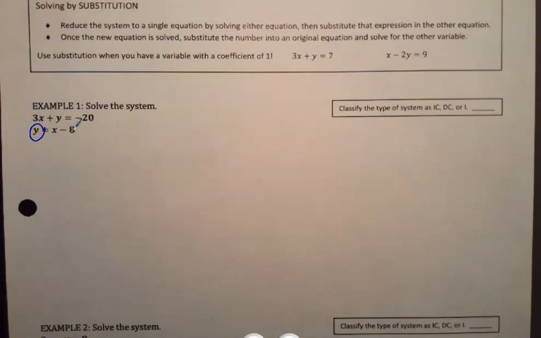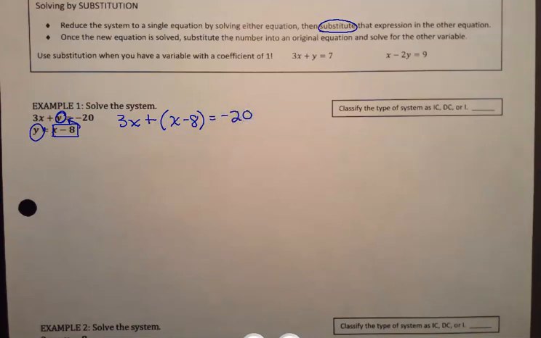We're ready for this next part, because then it says substitute that expression in the other equation. So we have y equals x minus 8, and we have a y right here. So we're going to substitute this expression, x minus 8, into the y. So we're going to take 3x plus y, and use that quantity x minus 8, equals negative 20.